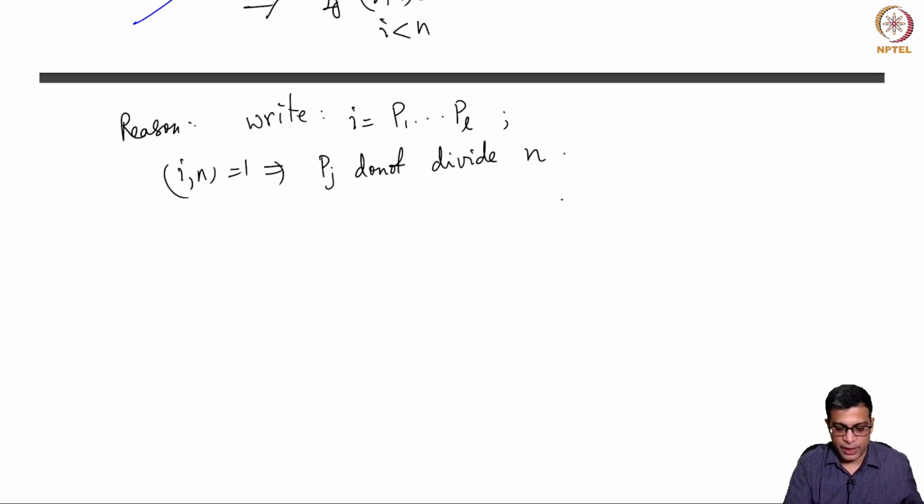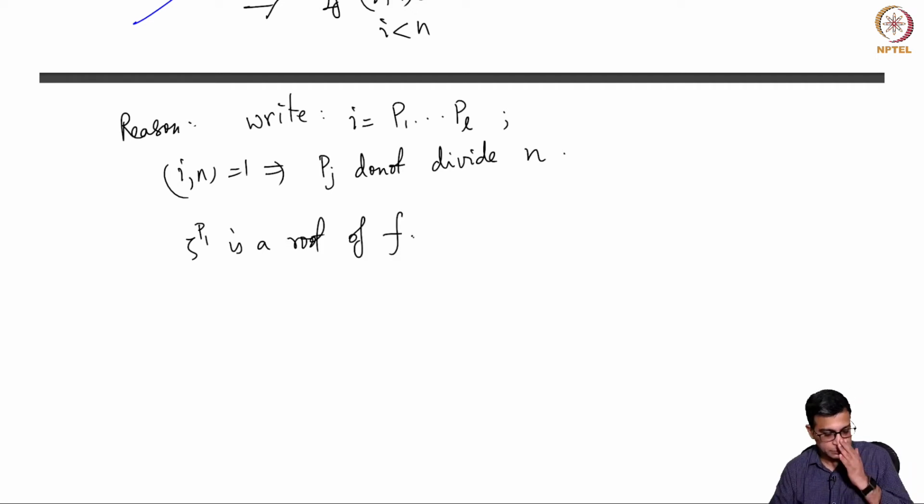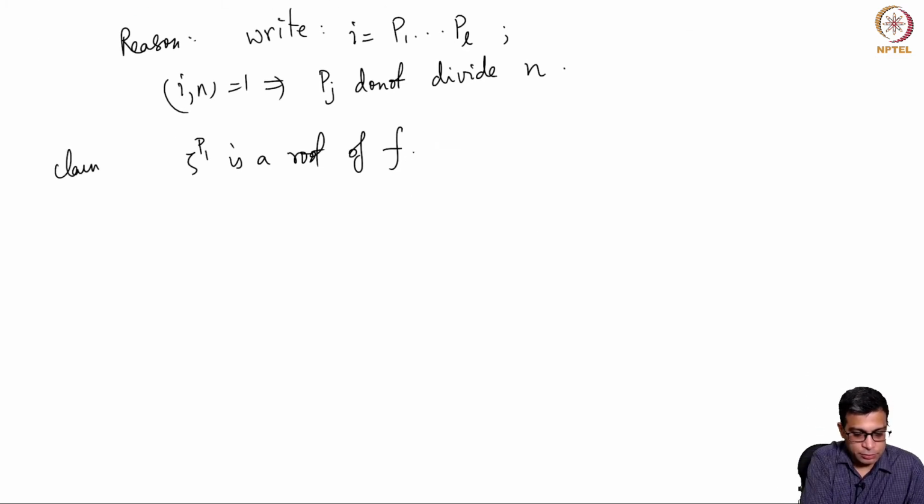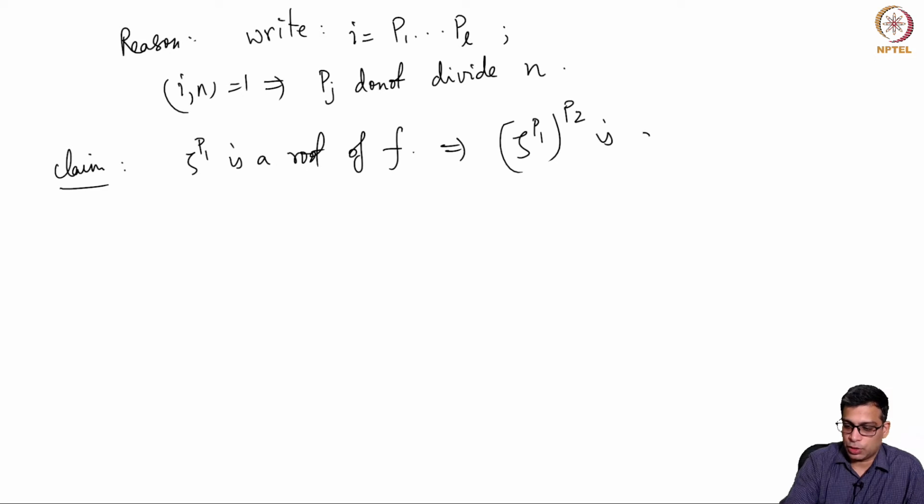But then this implies zeta power P1 is a root of f. Right? If zeta power P is a root of f, by the claim, this implies zeta power P1 power P2 is a root of f.